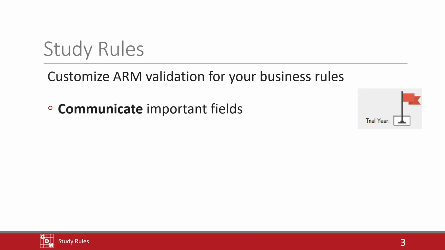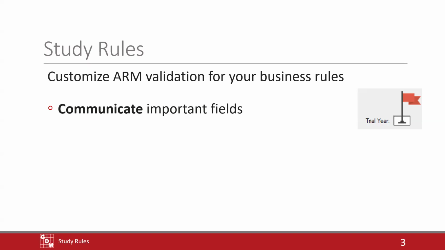Even if the sponsor hasn't given me a list of rules to follow, I can build up my own and have my own self-checks of things that I know I want to fill in. So I'm providing maximum value with my trials. You can do the exact same idea with study rules.